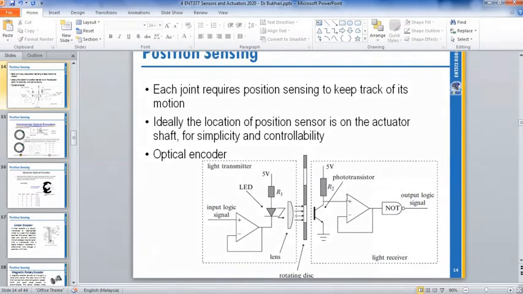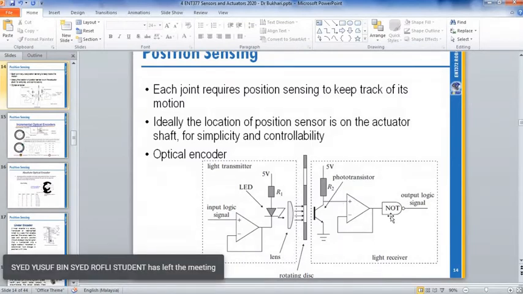So this positive plus will receive 5 volt. If the light is detected by this phototransistor, the current will go through to ground. So there are 0 volt at this point.